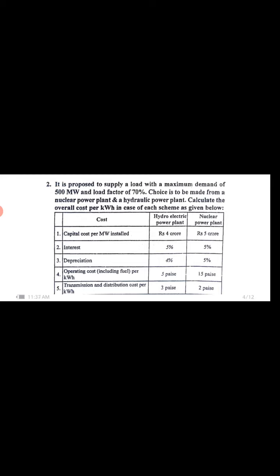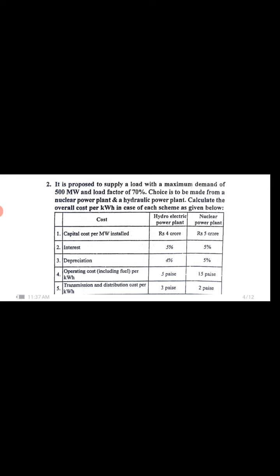There are three columns. One is cost, second is hydroelectric power plant, and third is nuclear power plant. The capital cost per megawatt installed is 4 crore per megawatt for hydroelectric, and 5 crore per megawatt for nuclear. Interest is 5% for both.